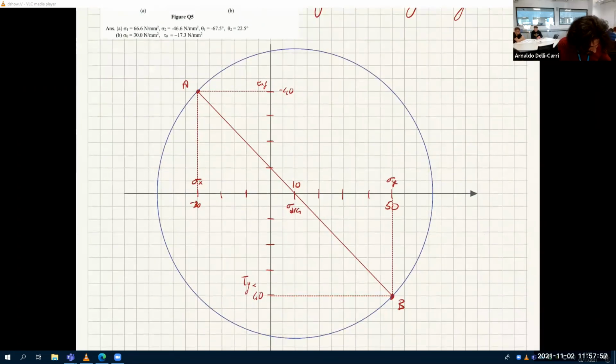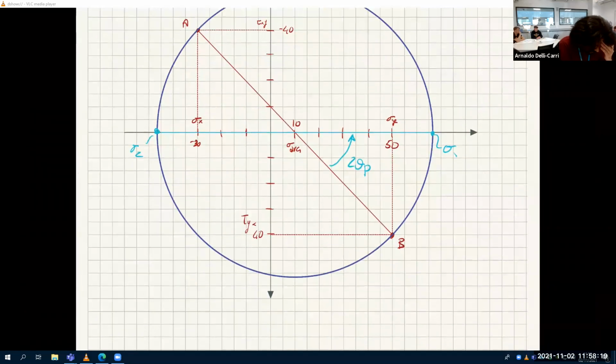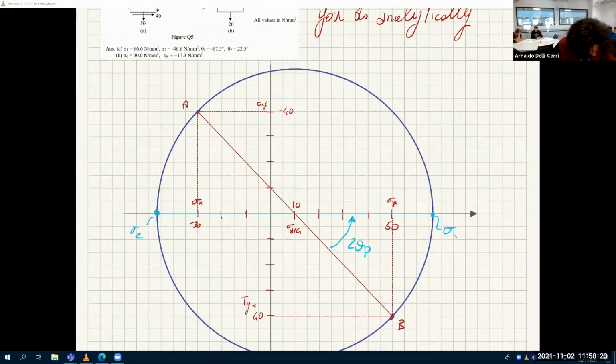And so I can find very easily, again, sigma 1, sigma 2, this line, which indicates 2 theta p, and this line, which of course passing through the center, very important.